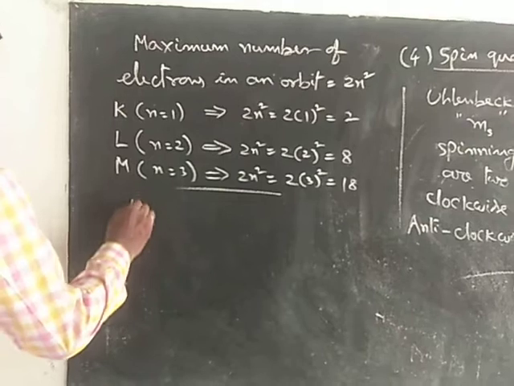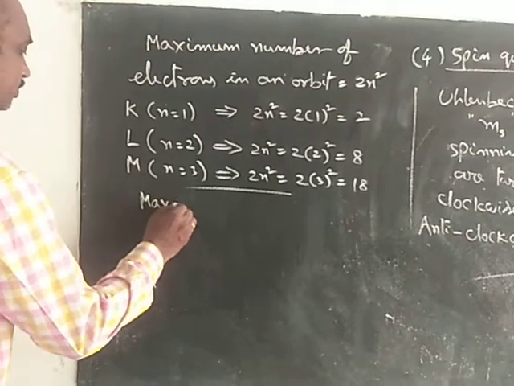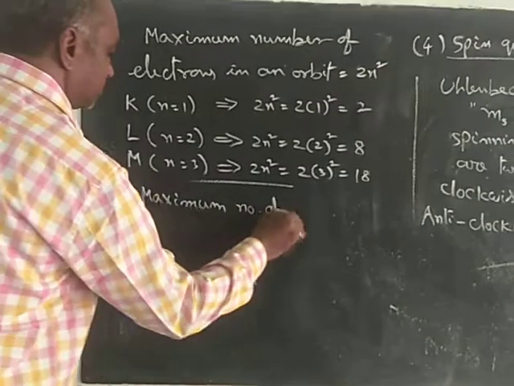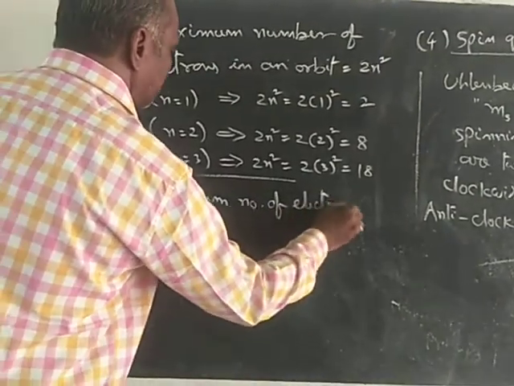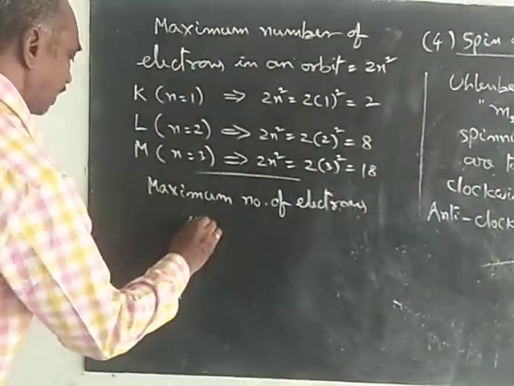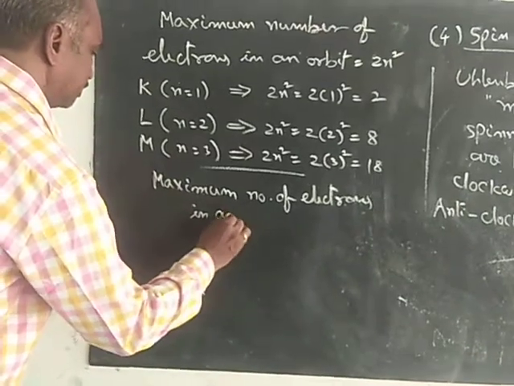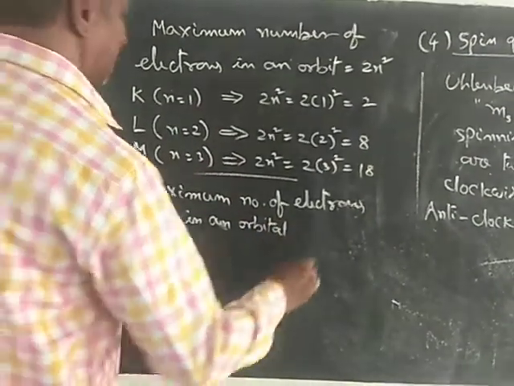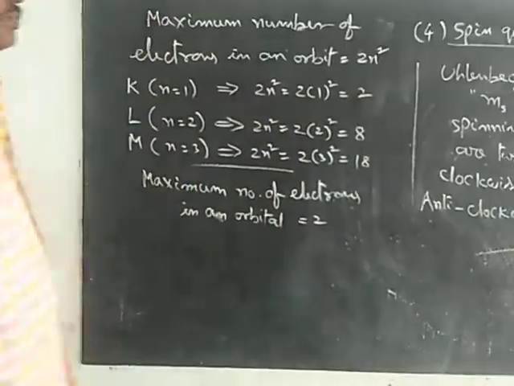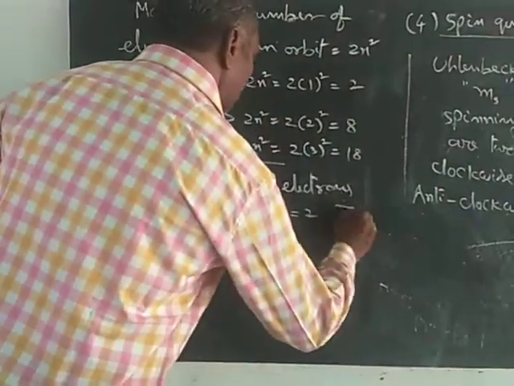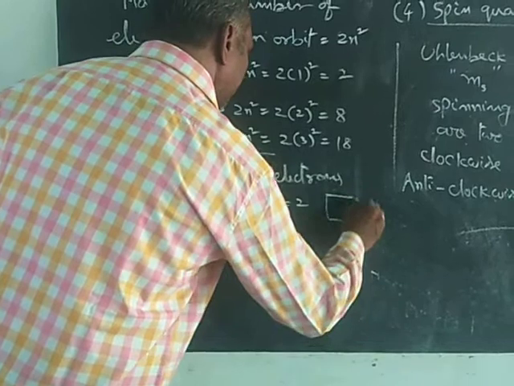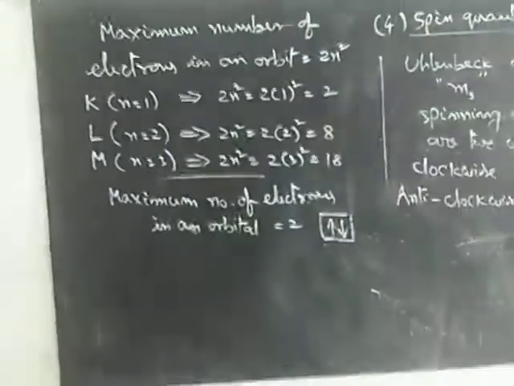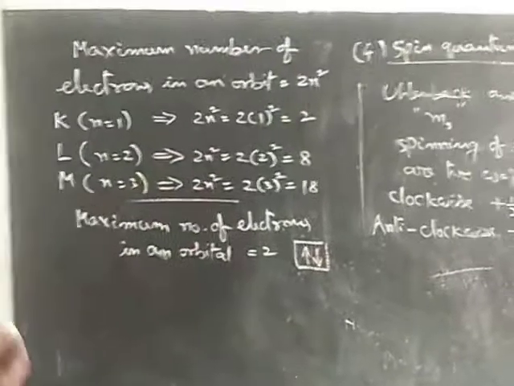And maximum number of electrons in an orbital is 2 only. These two electrons are like this: one is upward, another one is downward. One is clockwise, another one is anti-clockwise.